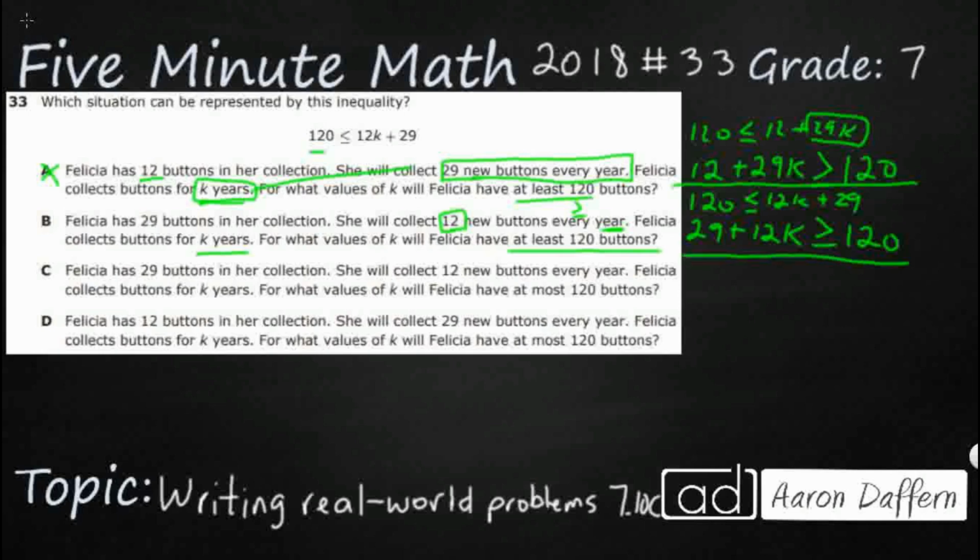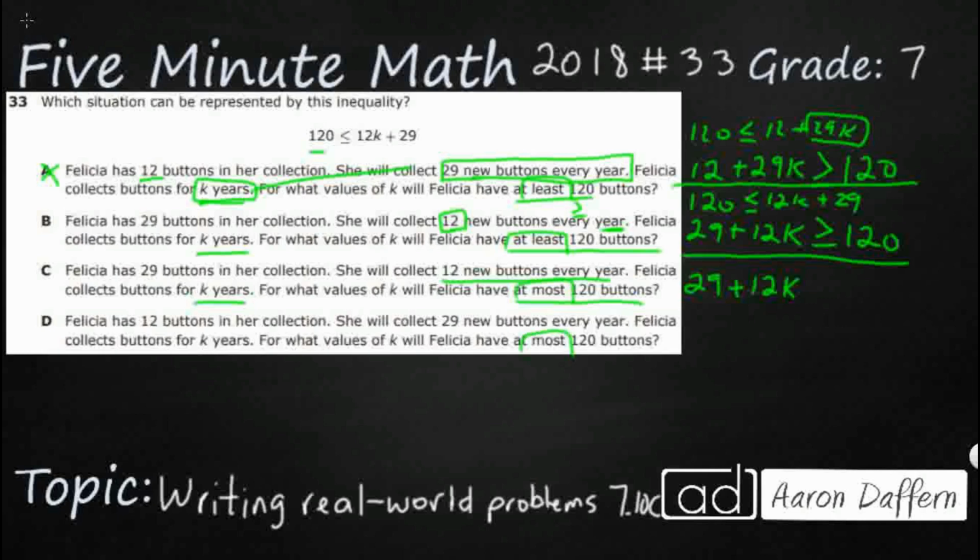Let's just double check and make sure C and D don't work. Felicia has 29 buttons. She would collect 12 new buttons every year. That's just like B. For k years. All right, so we're going to do 12k. But look at this. At most. See, that's the difference here. At least, at most, and look at D, at most.